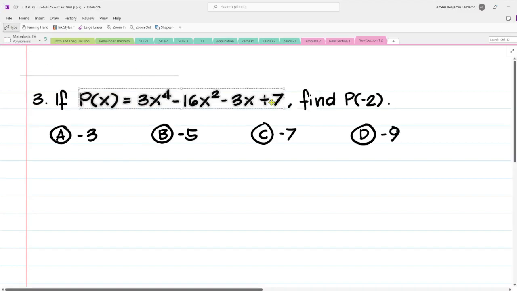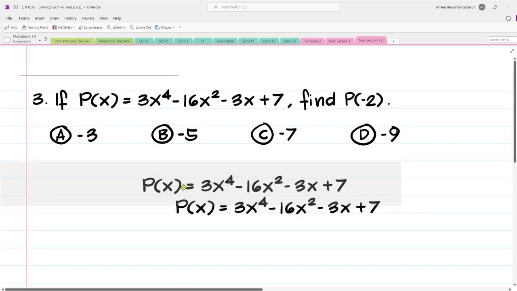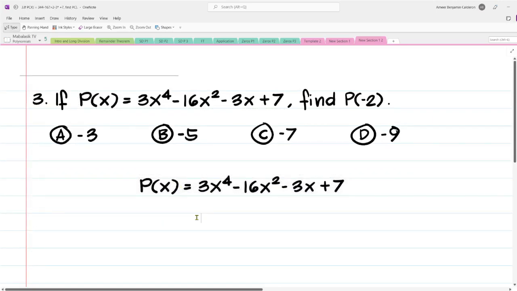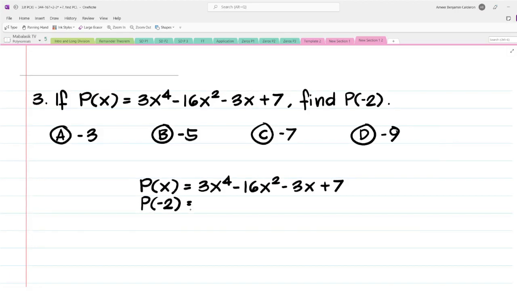Copy ko to. I'll paste it here. And then we will find p of negative 2.